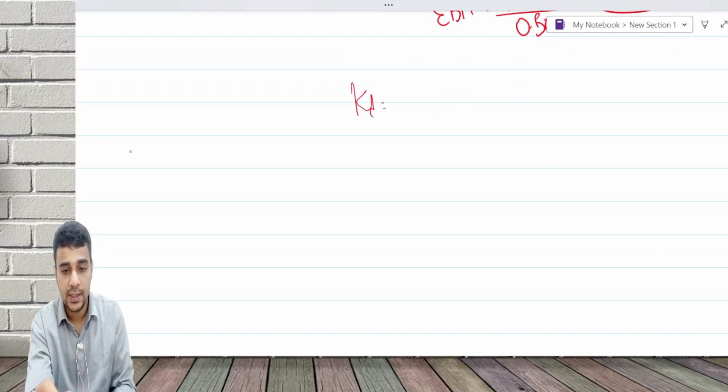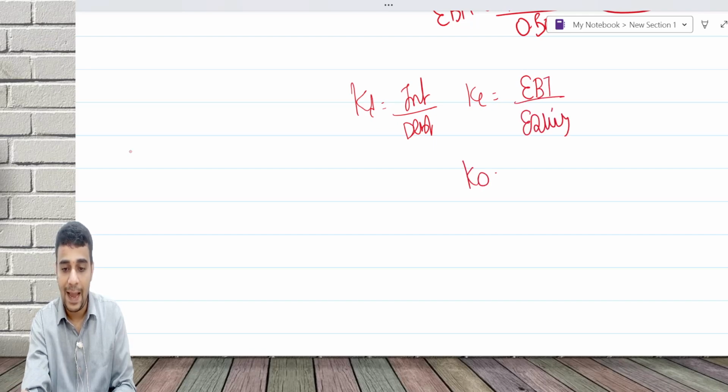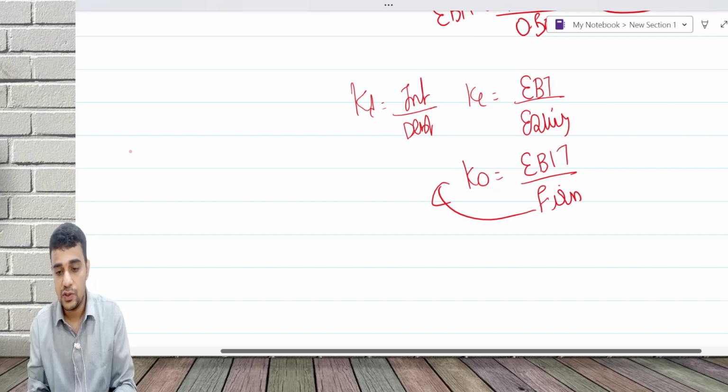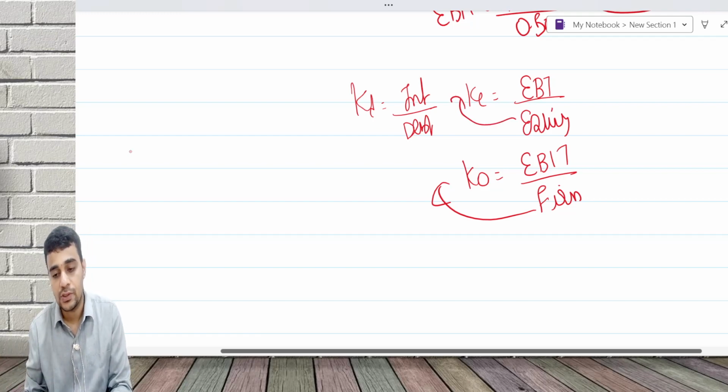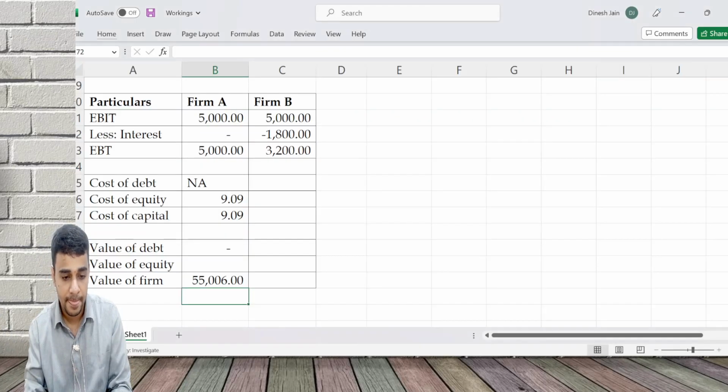Cost of debt is equal to interest by debt. Cost of equity is EBT by equity. And cost of capital is EBIT by firm. You can interchange this. So firm is equal to EBIT by KO. Equity is equal to EBT by cost of equity.